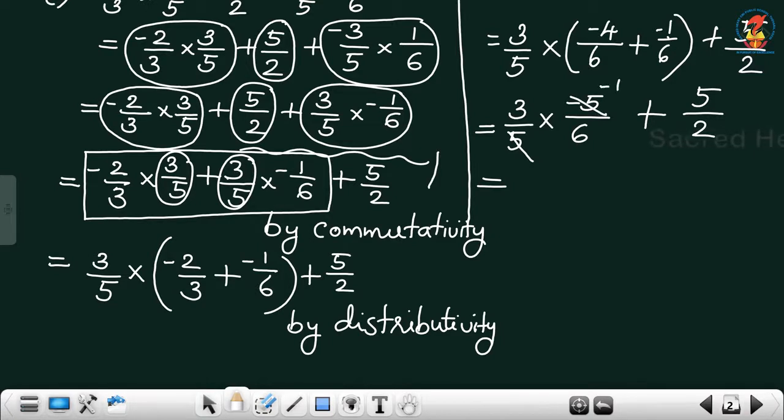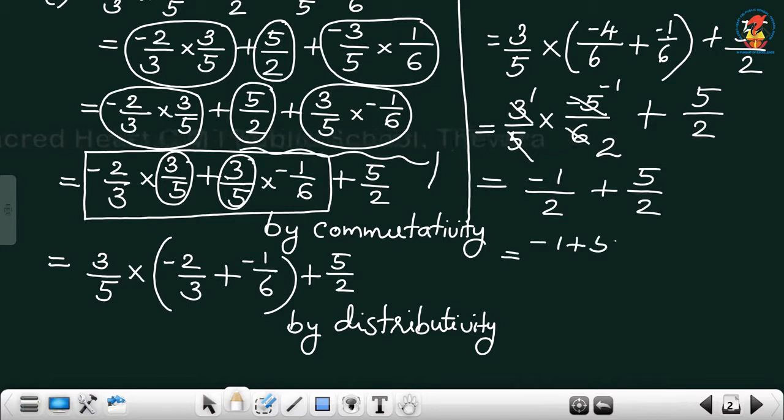Then 3 and 6 also we can cancel using 3, 1 time, and it is a 2 times. 1 into minus 1 by 2 plus 5 by 2 equal to negative 1 plus 5 by 2 equal to negative 1 plus 5 is a 4, 4 by 2 equal to 2.